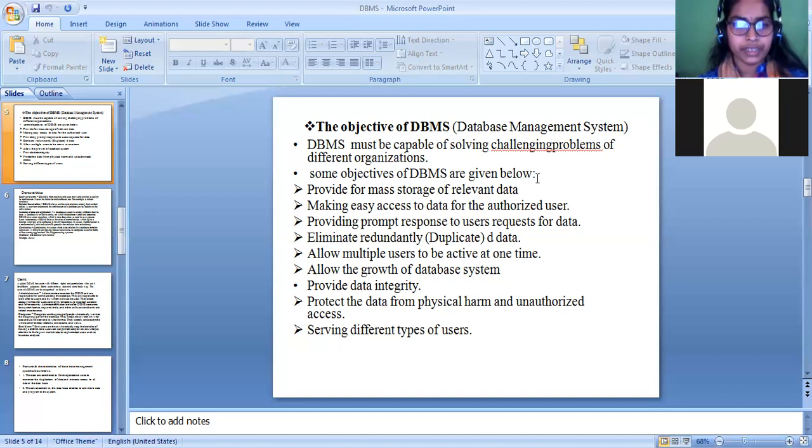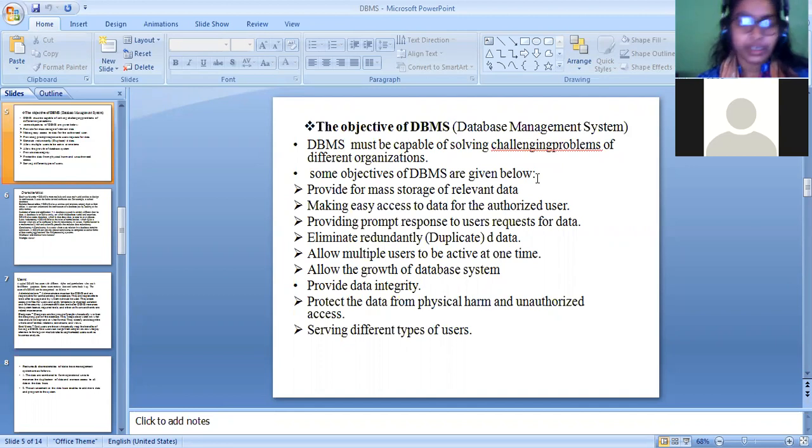Allow the growth of database system means what? We can allow the growth of the database system to provide data integrity, or we can enter a number of data in the database system. Provide data integrity also. Protect the data from physical harm and unauthorized access also.